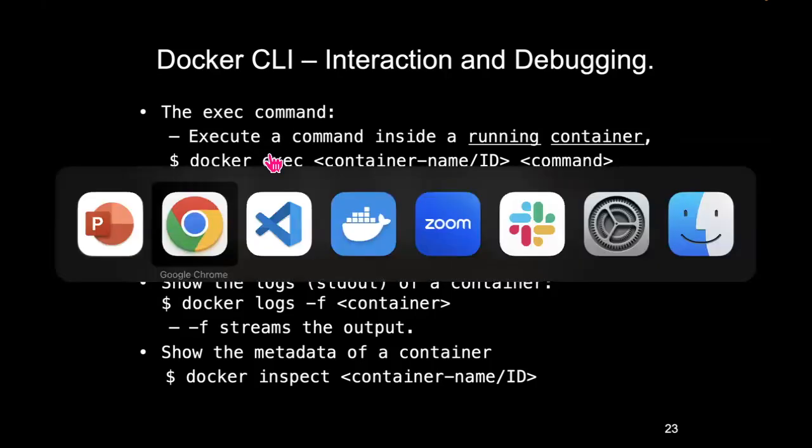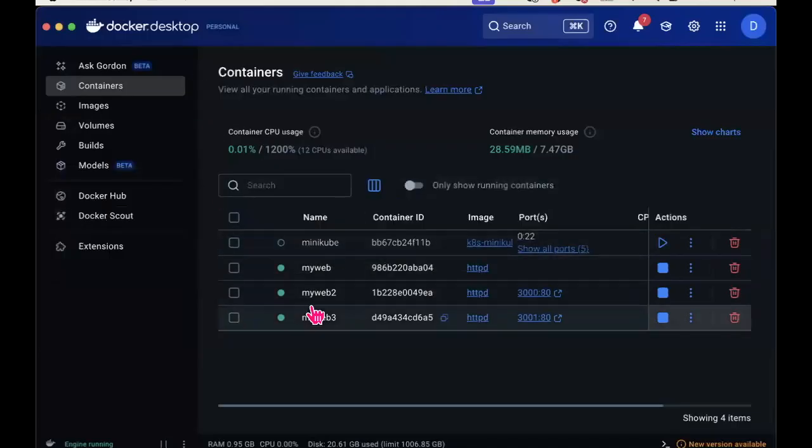So at the moment now, we've got 3 separate containers all running the same image, and that's okay. So if I go back to the very first one, this my web, let's try and get inside that container using this docker exec command.